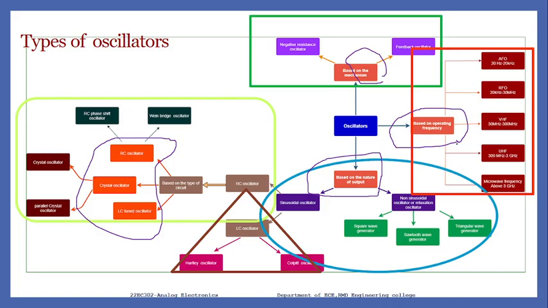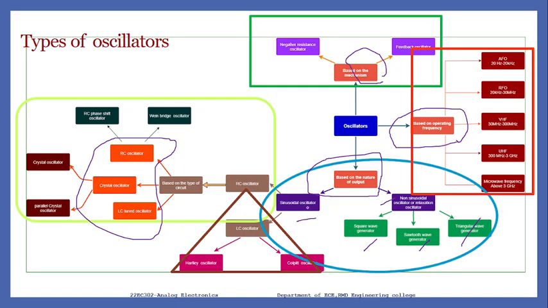Depending upon the operating frequency, we have audio frequency oscillator, radio frequency oscillator, very high frequency, ultra high frequency, and microwave frequency. Now the frequency has increased. Depending upon the nature of the output, it can be either a sinusoidal oscillator or a non-sinusoidal oscillator, which can produce square wave, sawtooth, or triangular wave, right?